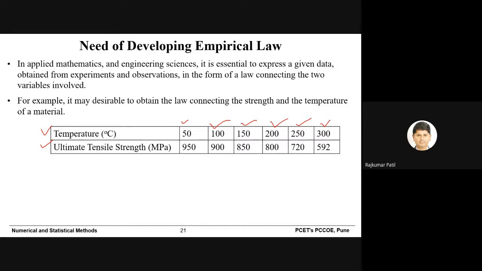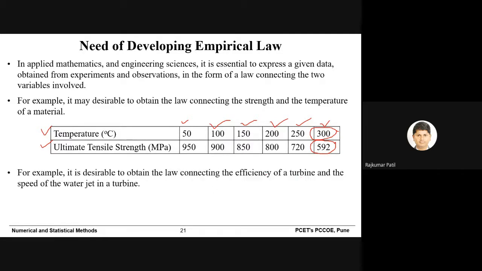Once you get the relationship, you can make various decisions. For example, for a given operating temperature, what will be the suitable material and what will be its available strength, and you can pick the correct material for a given application at a given temperature.